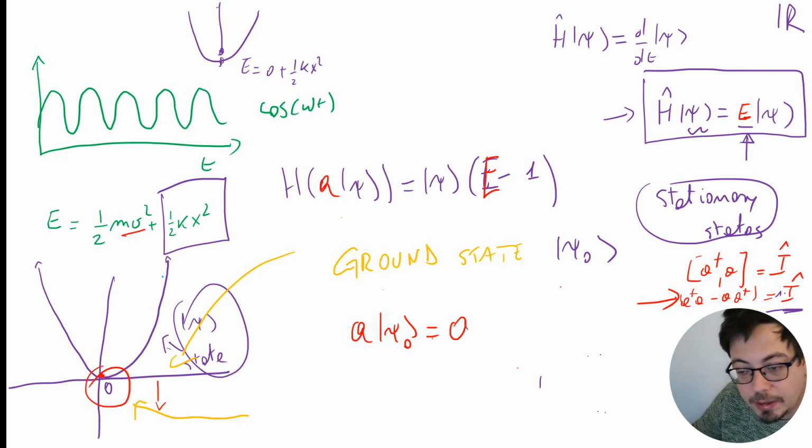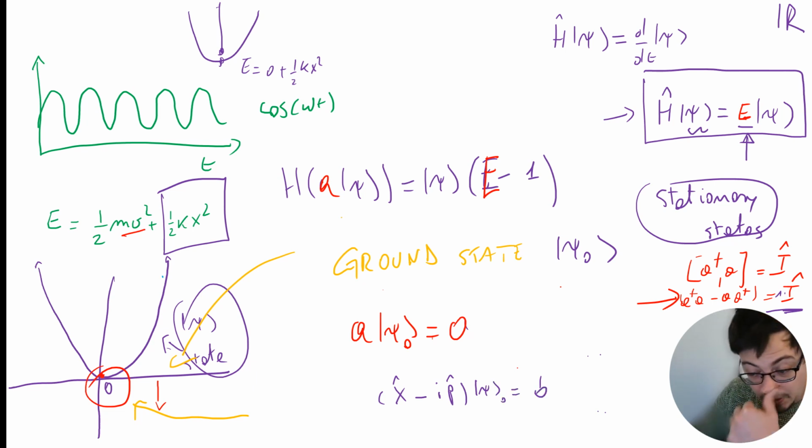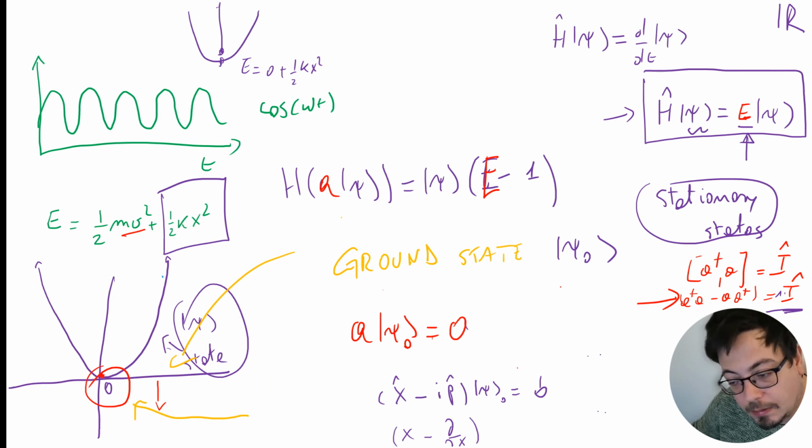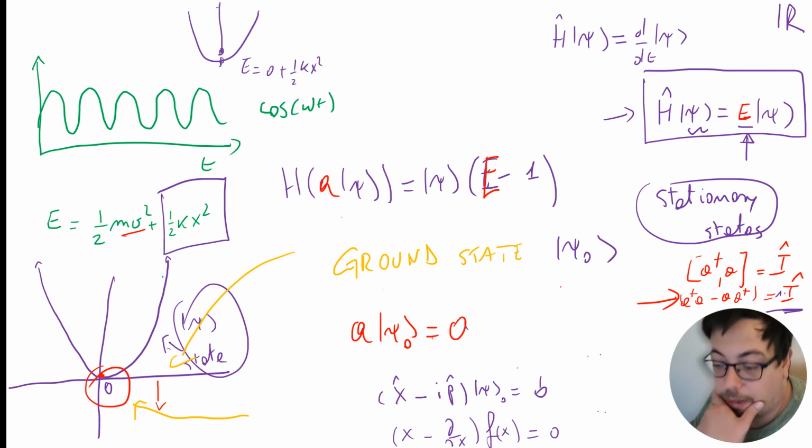And this is an equation that we can solve, because this is x minus i p, psi equal to 0. But we know that this can be written, in operator form, as x minus the derivative with respect to x, of a function of x, whatever function, equal to 0. Okay.